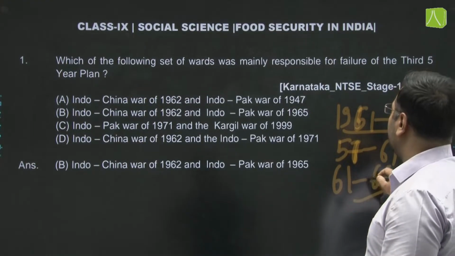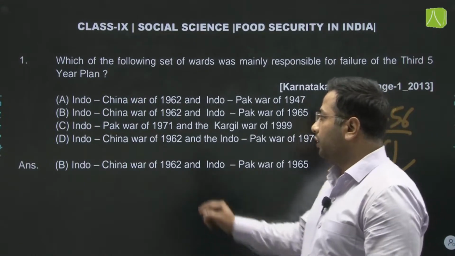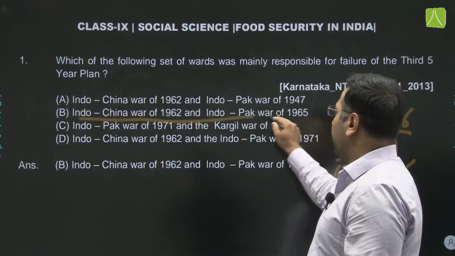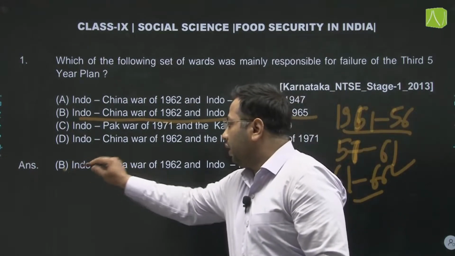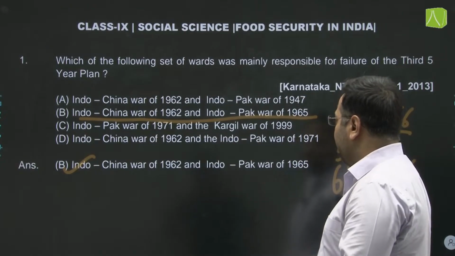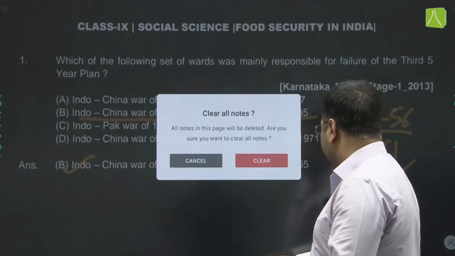So we are discussing this third 5-year plan. Now it failed just because of the Indo-China war and the Indo-Pak war. So the correct answer would be B, Indo-China war in 1962 and Indo-Pak war in 1965.